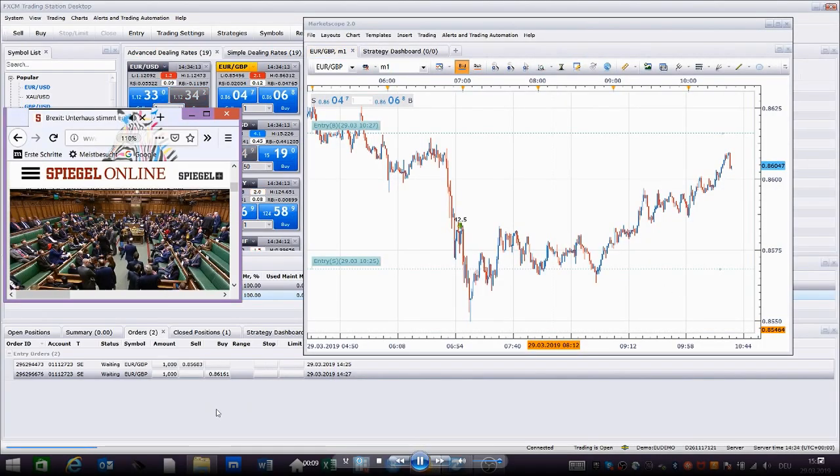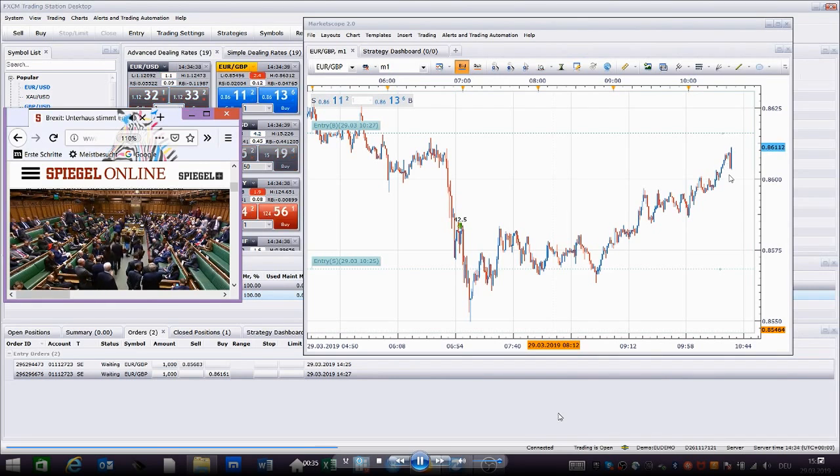Right now I have plugged in these orders, a sell order at 0.8568 and a buy order at 0.8616. The politicians have delivered their vote. They are gathering again in the parliament, and the exchange rate is still in this range here.